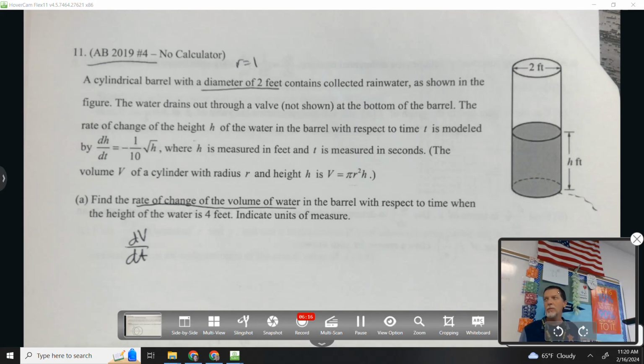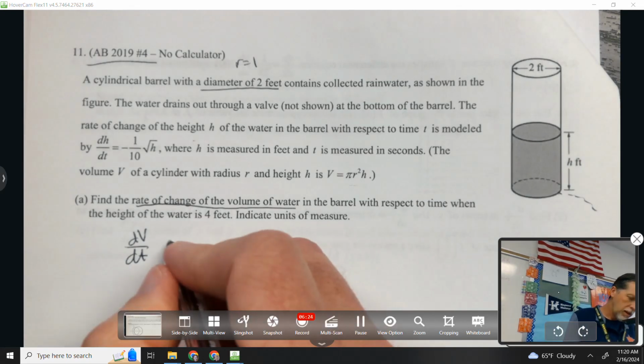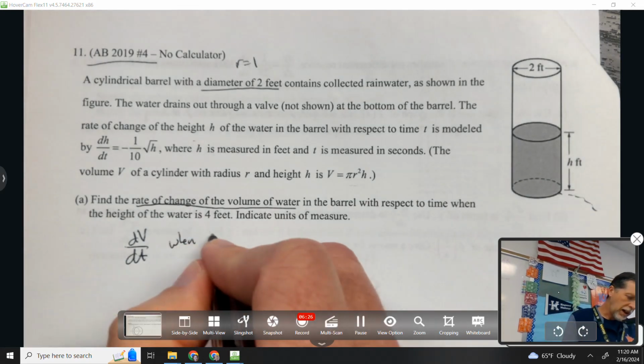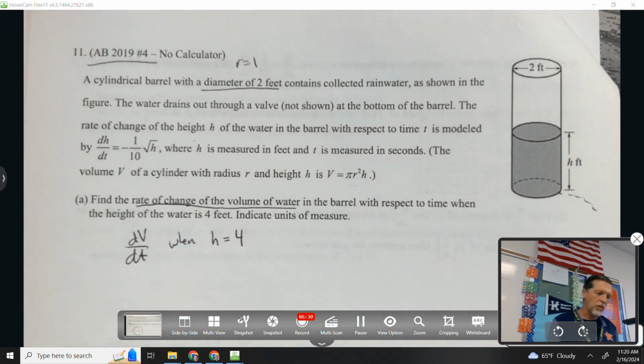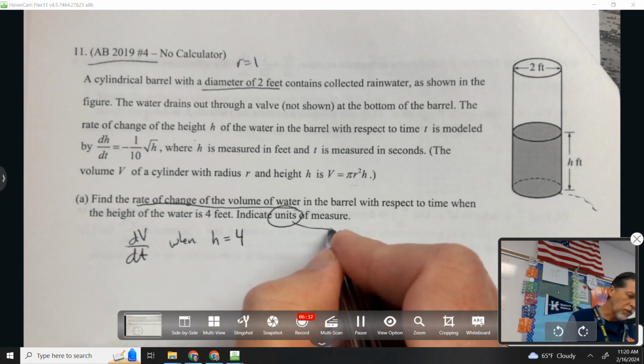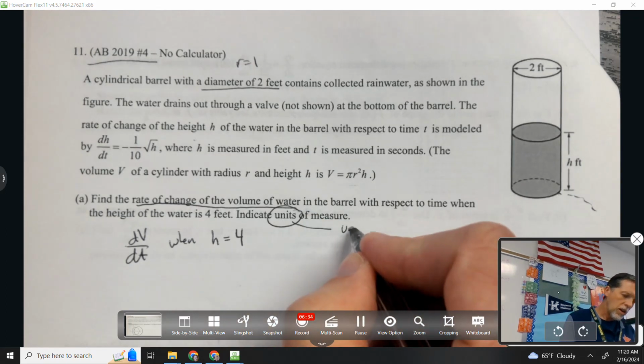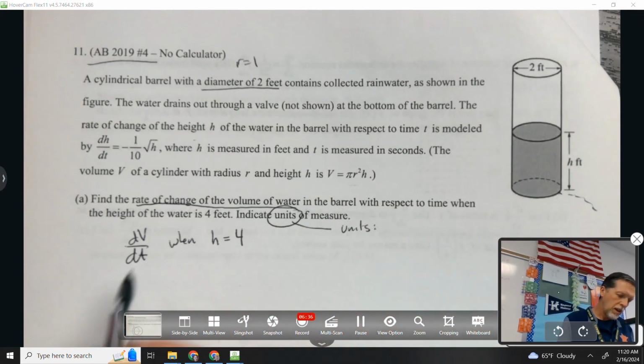So this is one where we've got to be thinking about what's on the left-hand side as well as what's on the right-hand side. So dV/dt, when the height of the water is 4 feet, indicate units of measure. You know what? I can do units of measure right now. The units will be volume over time.